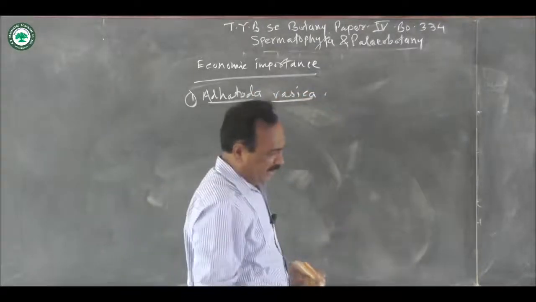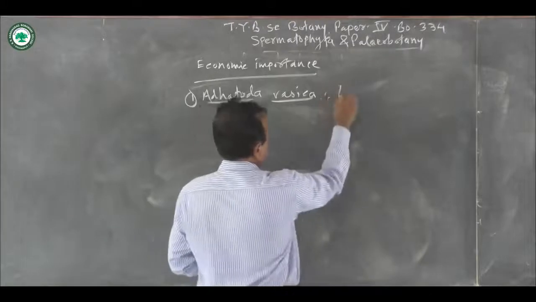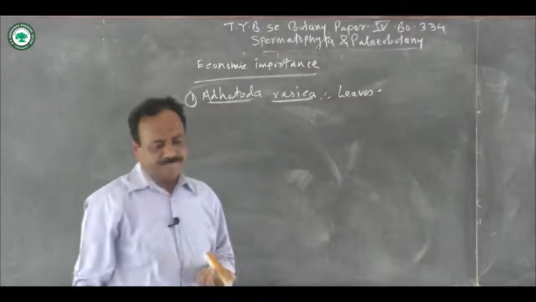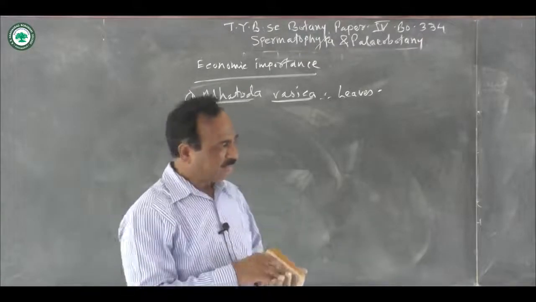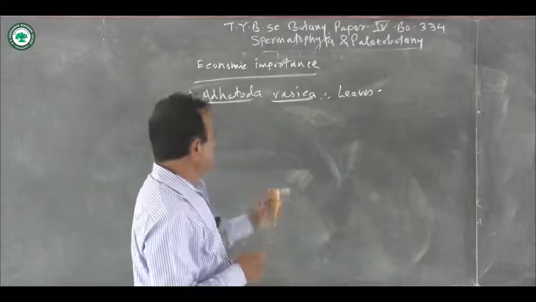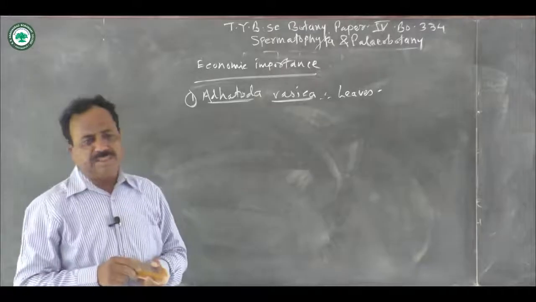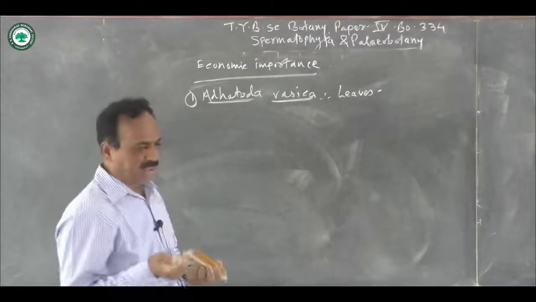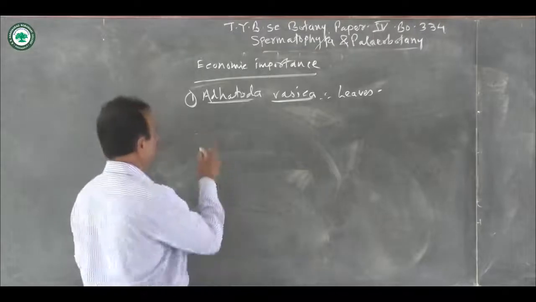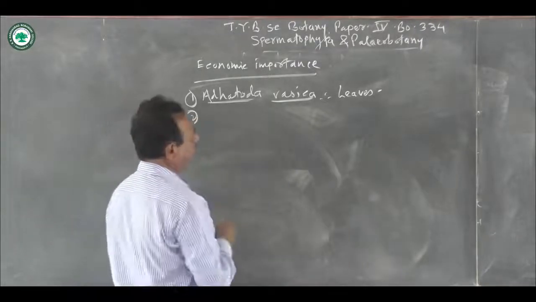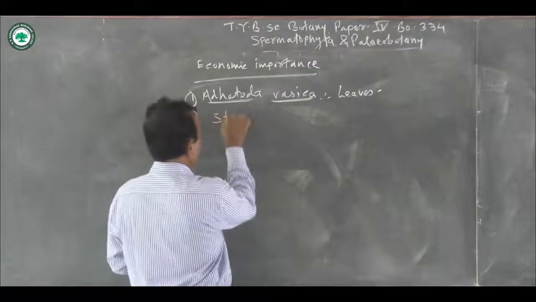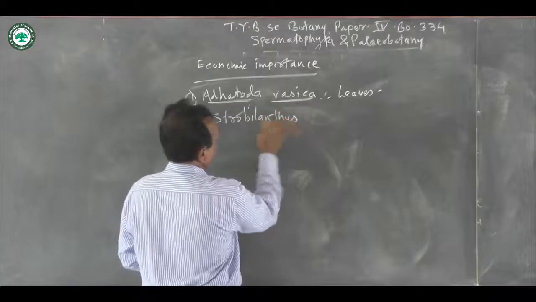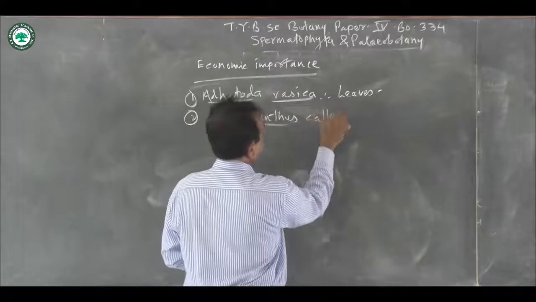Here, the leaves of this plant are used in asthma, bronchitis, and cough. These leaves are also used in rheumatic pains, that is in rheumatism, and they also have antiseptic property. Then the next plant is Strobilanthes callosus.